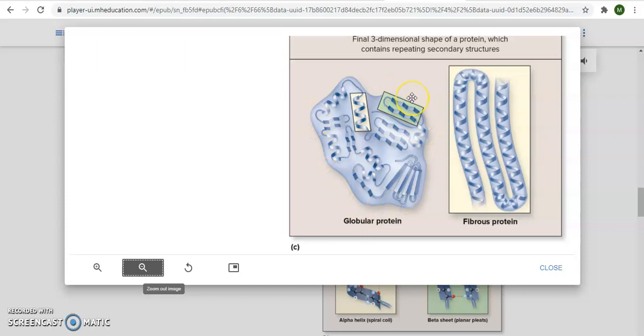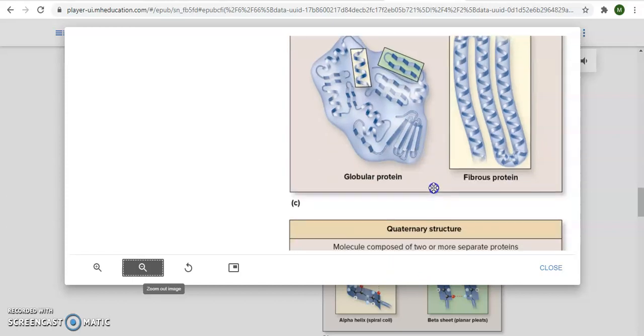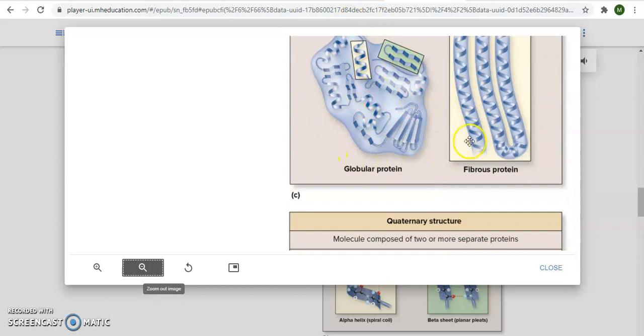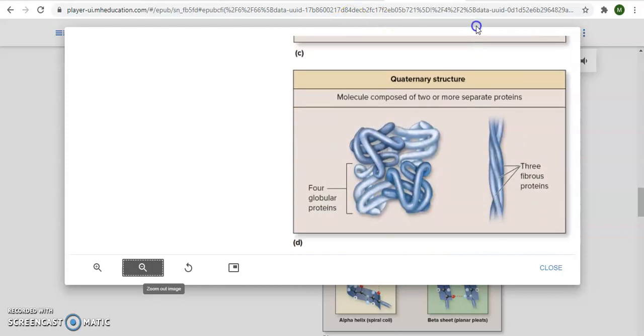So now we've got this big kind of glob, is what it looks like. They call it globular, or sometimes it might be all the same, like this is all helical, so it might be fibrous too. So that's the tertiary, but we're not done yet, because then this globular protein or fibrous protein goes and finds other tertiary protein structures, and they bind through covalent bonding with them.